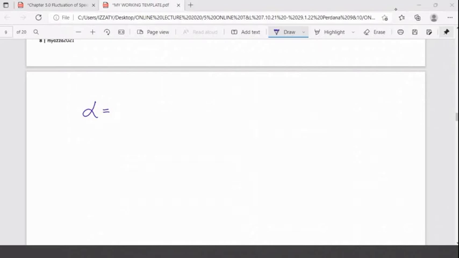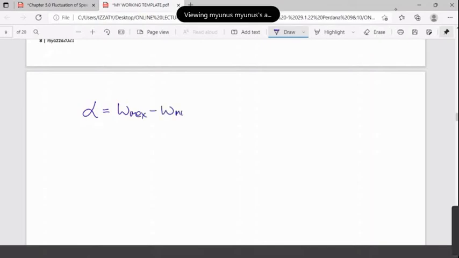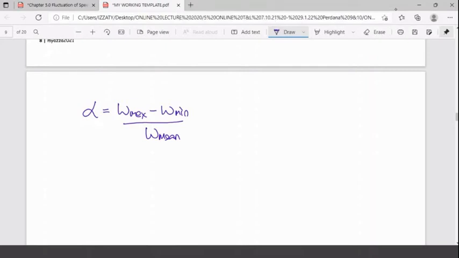Anyone? Omega max minus omega min divided by omega mean. Sorry, it's not W, it's omega. It is correct. So now if you arrange it, this one is omega max, this one is the omega mean.